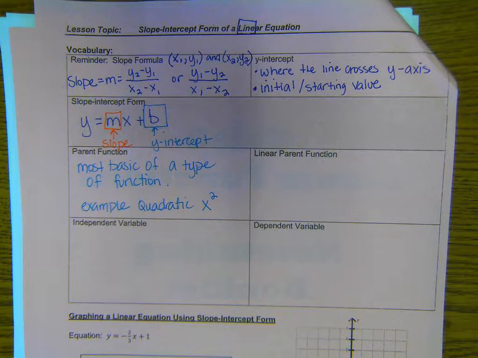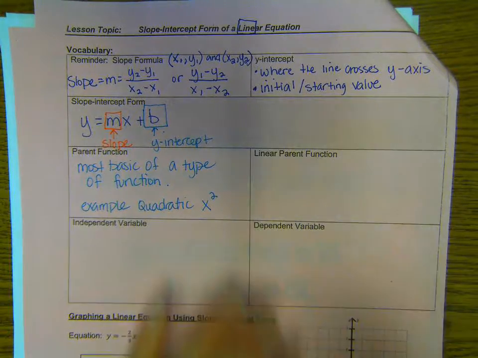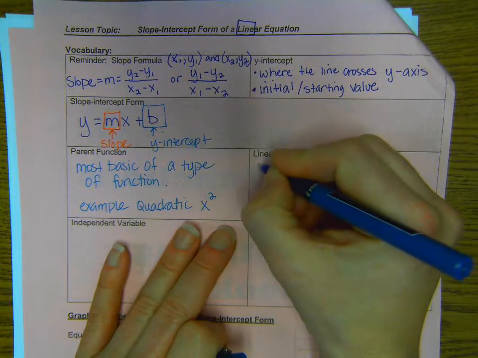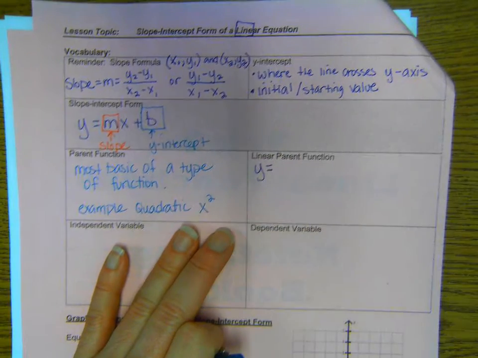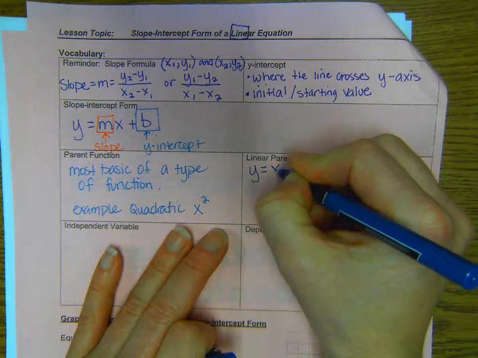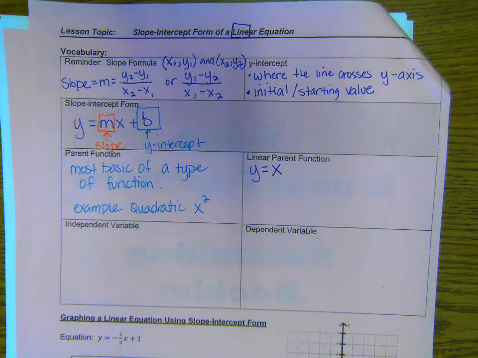Does anybody know what is the most basic line? Well, all lines are straight. If I said, what's the equation for the most basic line? Actually, more simple than that. The most basic line is the line y equals x.